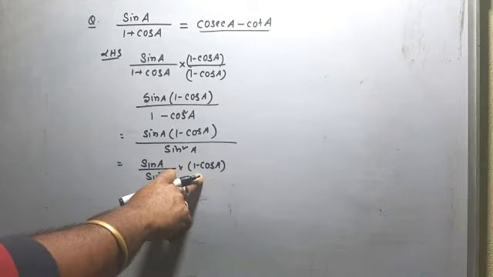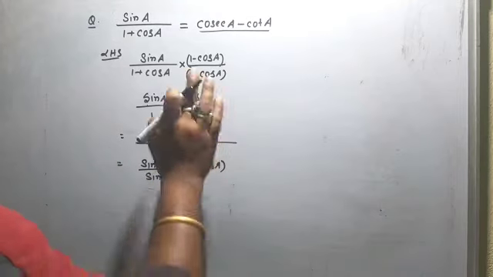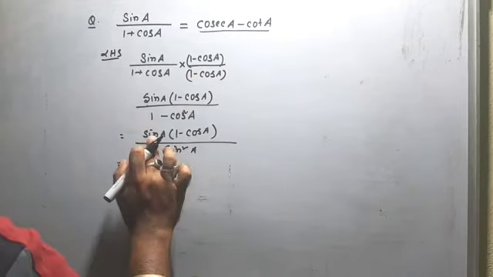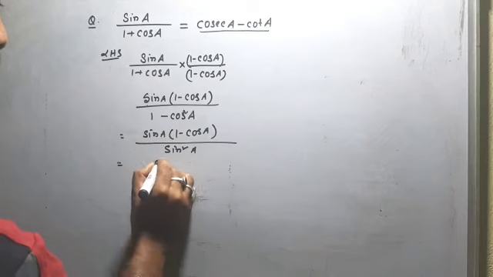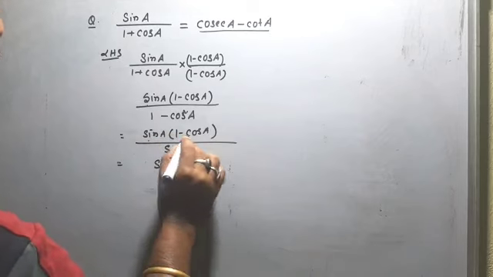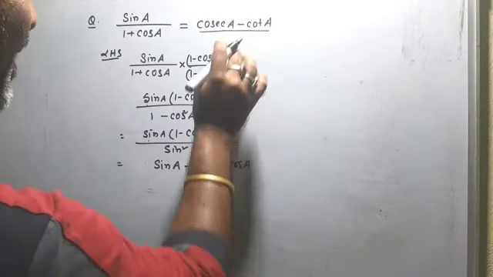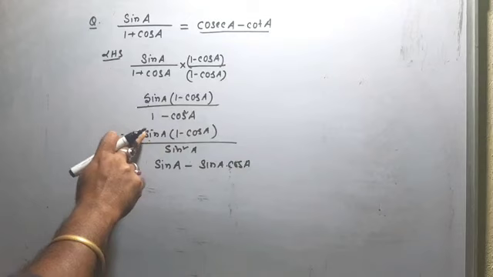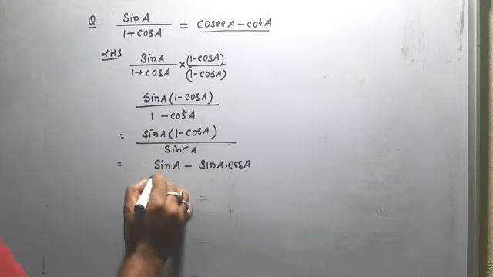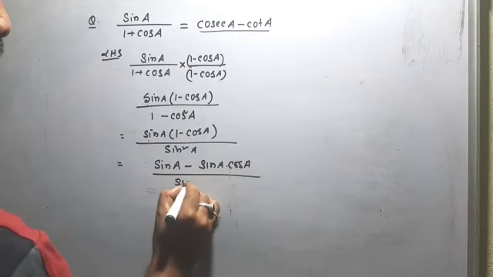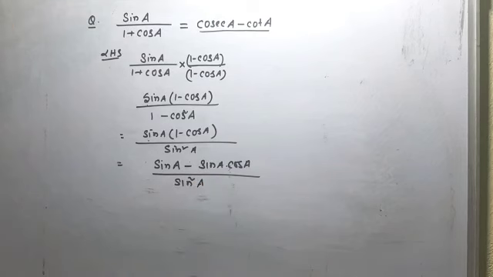We can write like this, or you can do sin a into 1 minus sin a into cos a, because the question demand is like this. No need to do sin a by sin square a only.